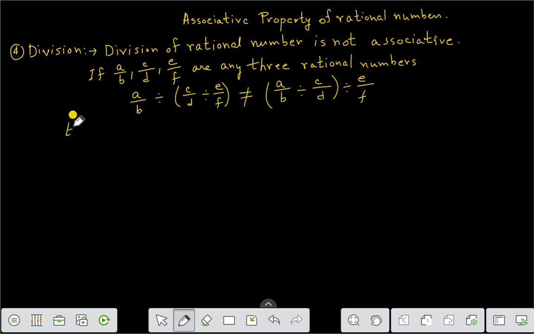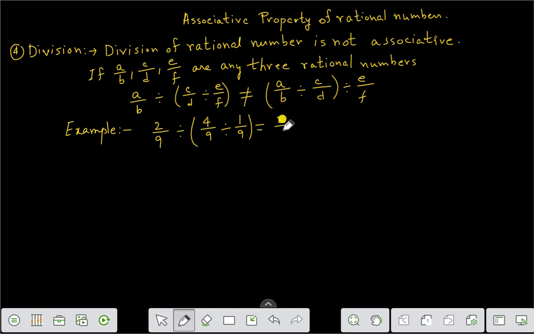Let us take one example, that is 2 by 9 divided by 4 by 9 divided by 1 by 9.